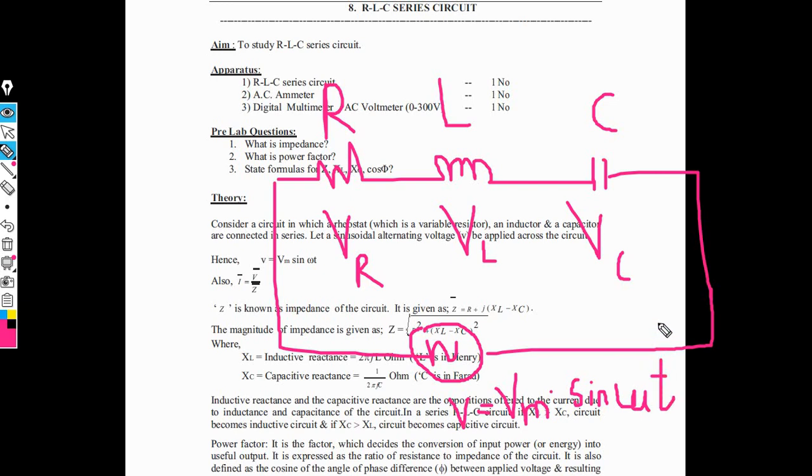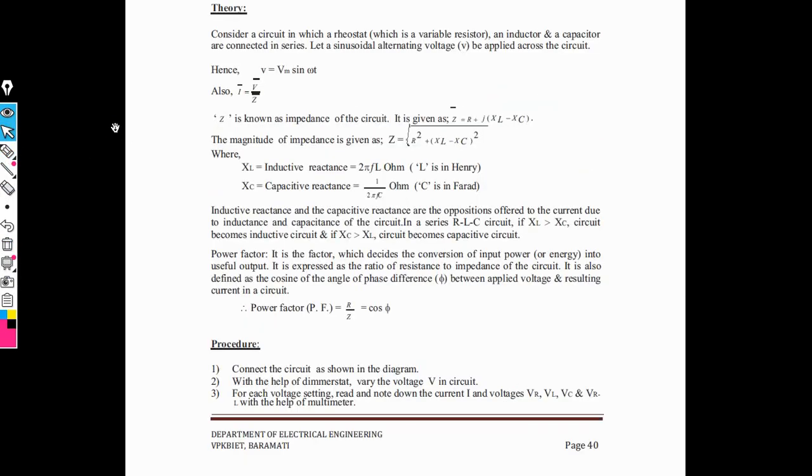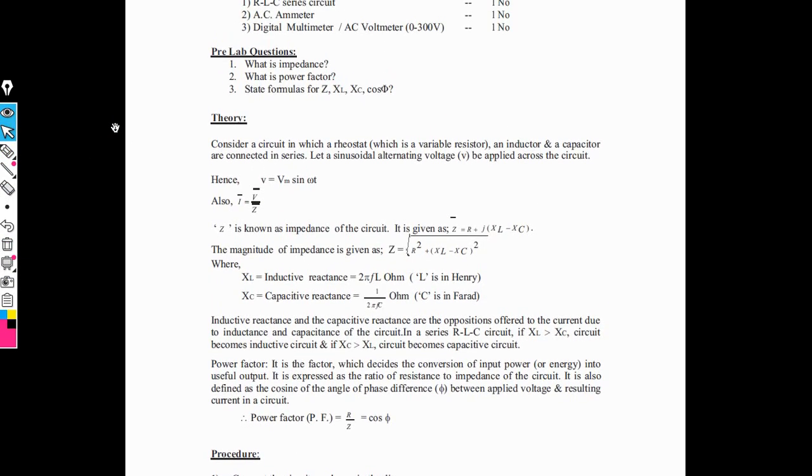Then Z is the known impedance of the circuit, that is Z is equal to R plus jXL, but here both inductance and capacitance are present. These are the two parameters that are very important in the RLC circuit.